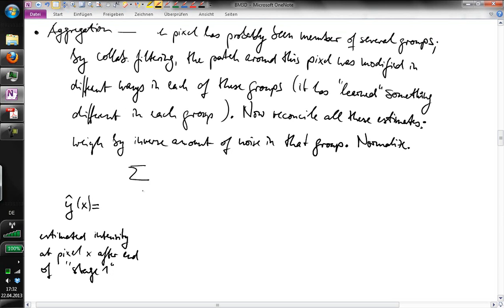So we sum over all possible reference locations in the domain, and we sum over all the pixels that are in a patch that is not too dissimilar from that around my reference location.